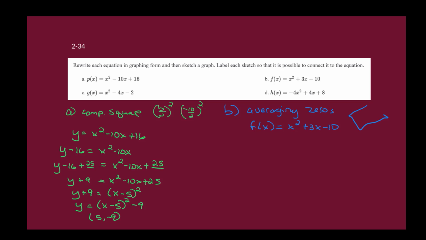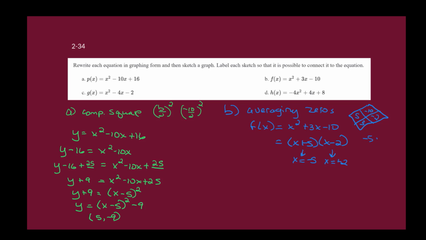Diamond method, two numbers that multiply to -10 and add up to 3: +5 and -2. So we'll say (x plus 5) times (x minus 2). Then we're going to average our zeros because it's x equals -5 and x equals +2.